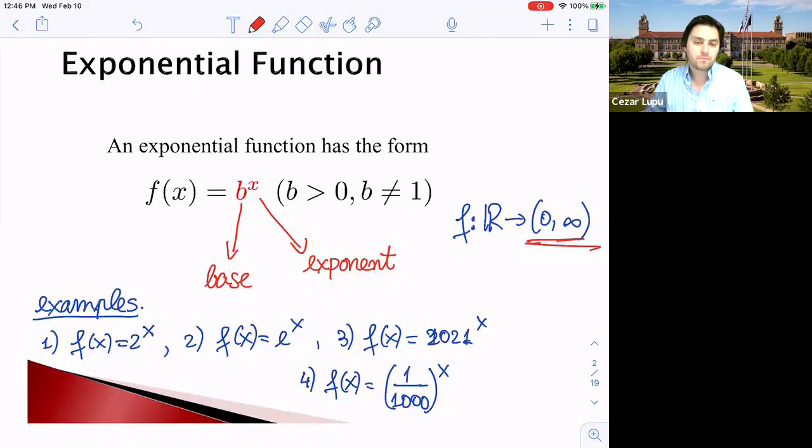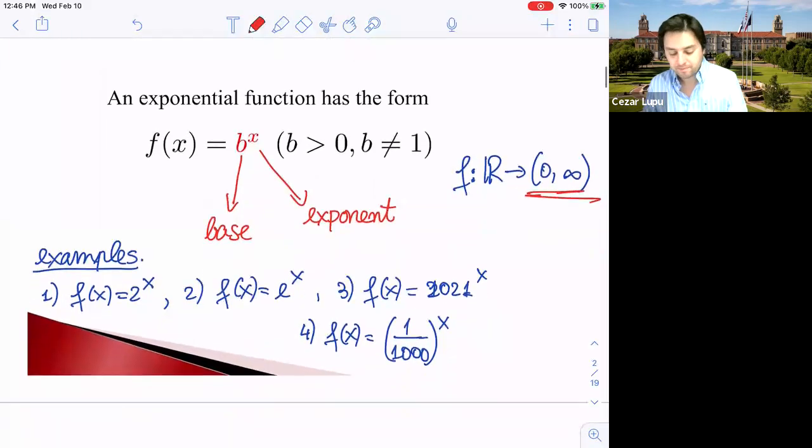Well, so any number you take in the range will be positive. But also, you'll see when we define the logarithm function that the domain will be 0, infinity. So we will switch the two. All right. So that's the exponential function.